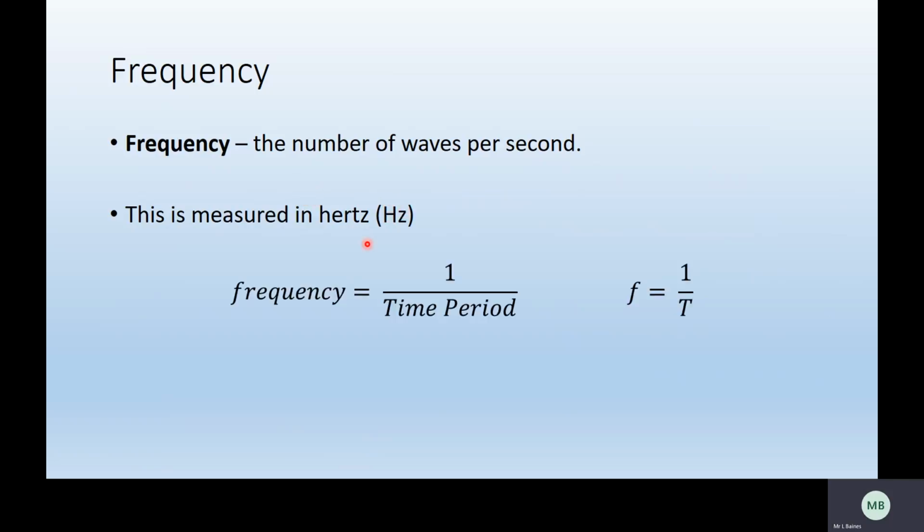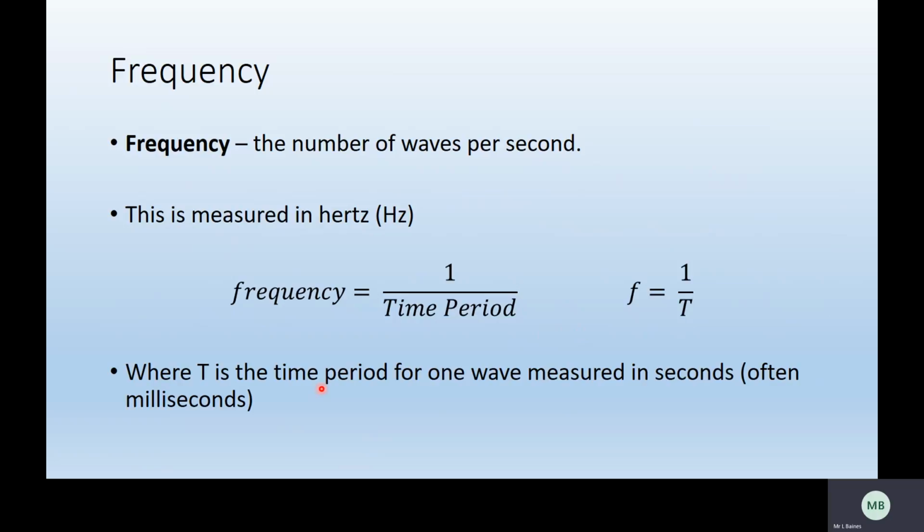And our formula, again, needs to go down into your book, boxed, highlighted, whatever you want to do. Frequency is 1 divided by my time period, and my time period must be in seconds. If they give you it in milliseconds, etc., you have to convert it and make sure it is in seconds instead.